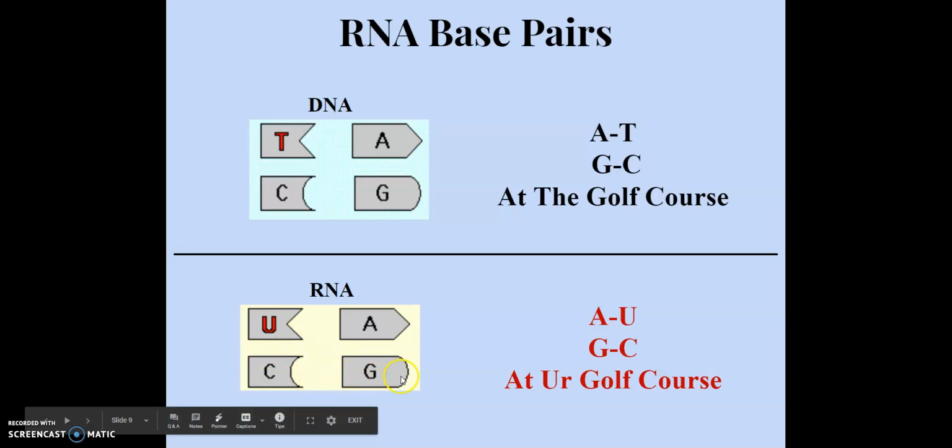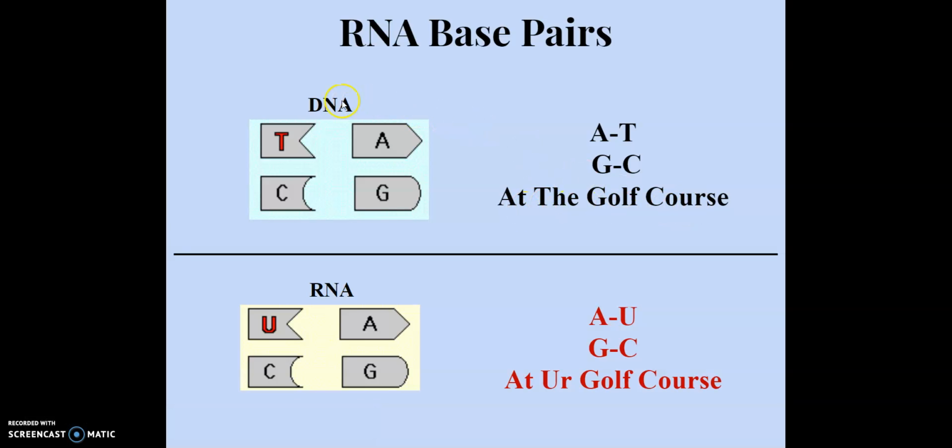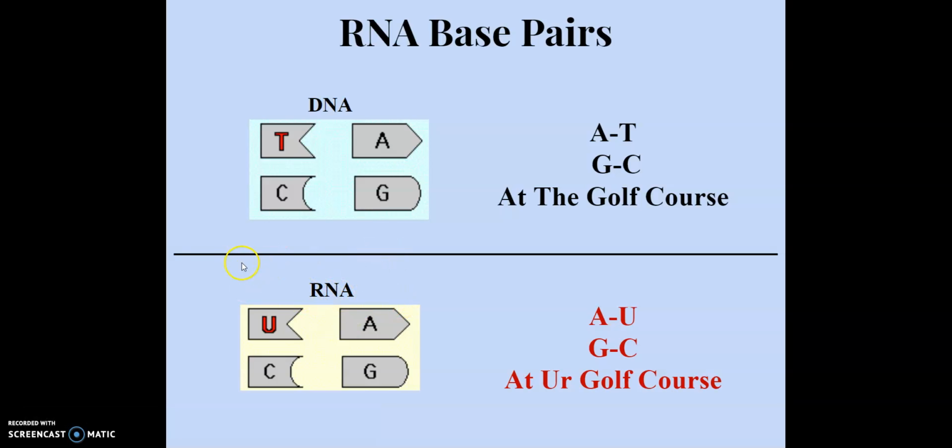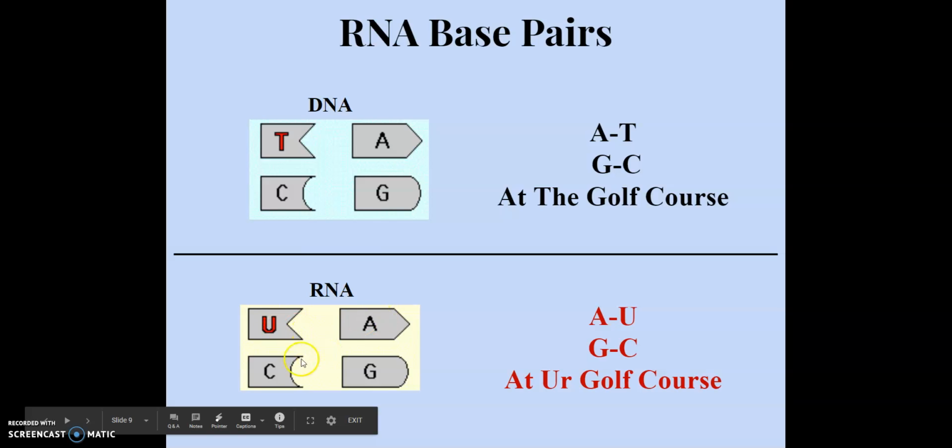And then C is still going to go with G. Another way to remember this is AT the golf course is for DNA, and AU at your golf course is for RNA. So just another way to remember those base pairs. Basically, uracil is going to replace thymine. So if you still think ATCG, and you just know that uracil is the base being used other than thymine, the base pairing here is still going to be the same, we just won't see that thymine.